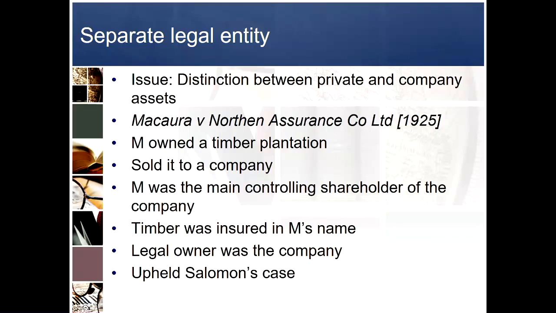There's party A and party B, and only party A and party B can enforce that contract, right? So that's the doctrine of privity of contract. So even if, let's pretend, there was a third party that got a benefit by reason of the contract, if they were not actually a party to the contract, they cannot enforce the contract. So that's privity of contract.